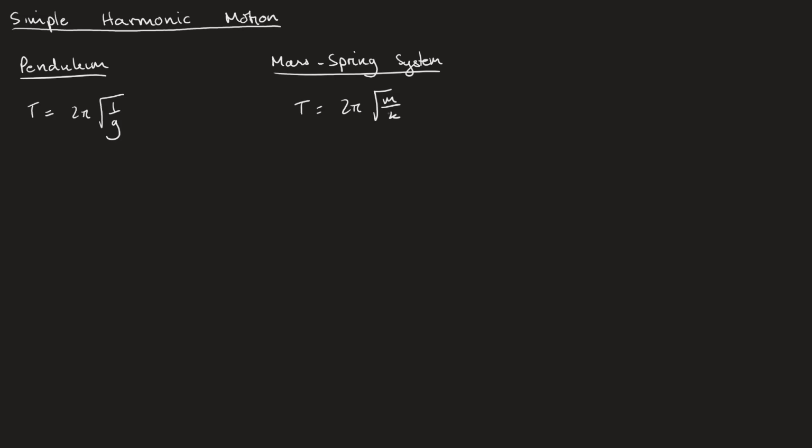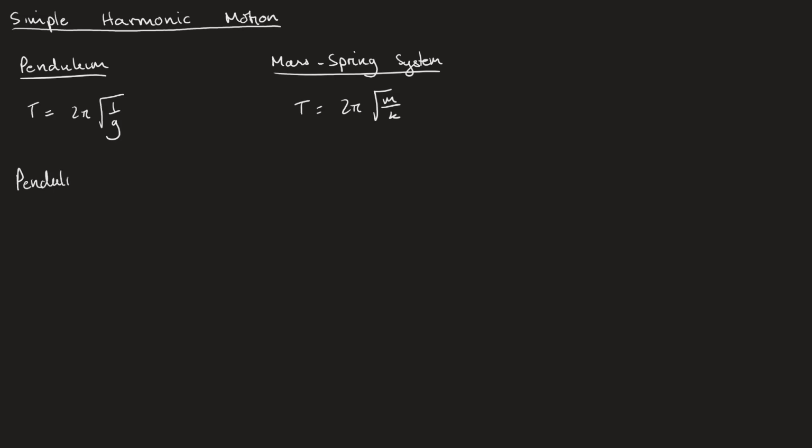Now, what we're going to do is put this to the test. If we now want to prove that this is actually the case and we have this kind of proportionality between T and L and T and M, we need to test this. We're first going to look at the case of the pendulum.